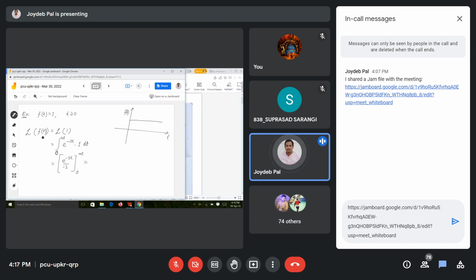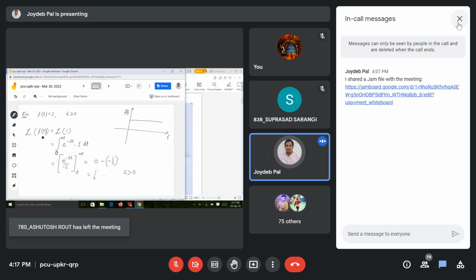So if s is positive, then e to the power minus infinity is 0. And if you put t equal to 0, it is minus 1 by s, which equals 1 by s, provided s greater than 0. That is why e to the power minus st, as t tends to infinity, is 0.